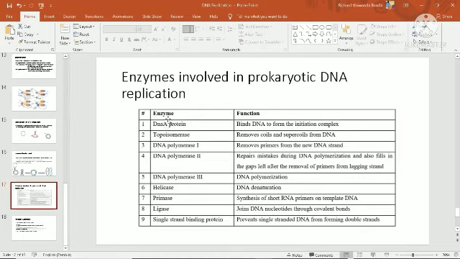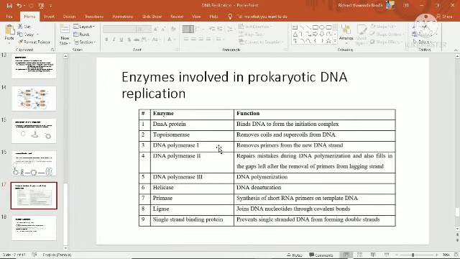So you have DnaA involved in the initiation process, which binds DNA to form the initiation complex. We've talked about topoisomerase and how it removes the coils and supercoils from the DNA.